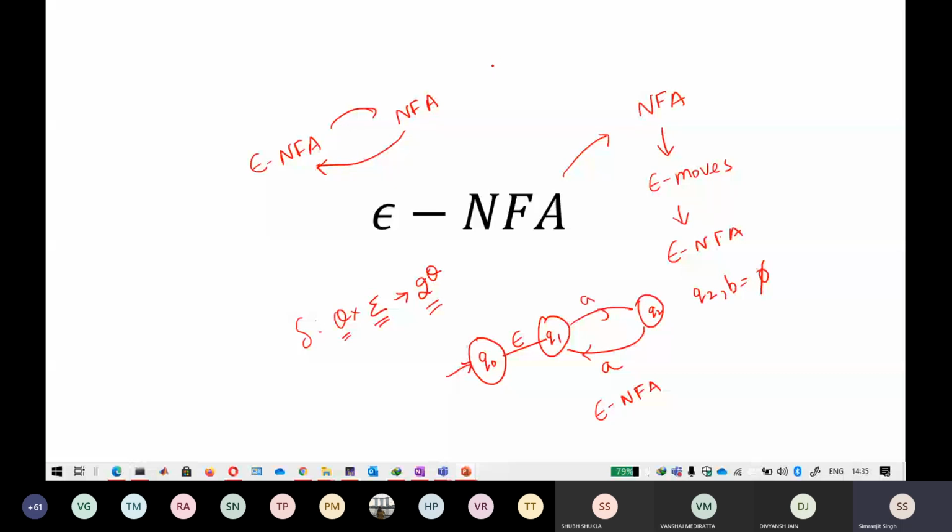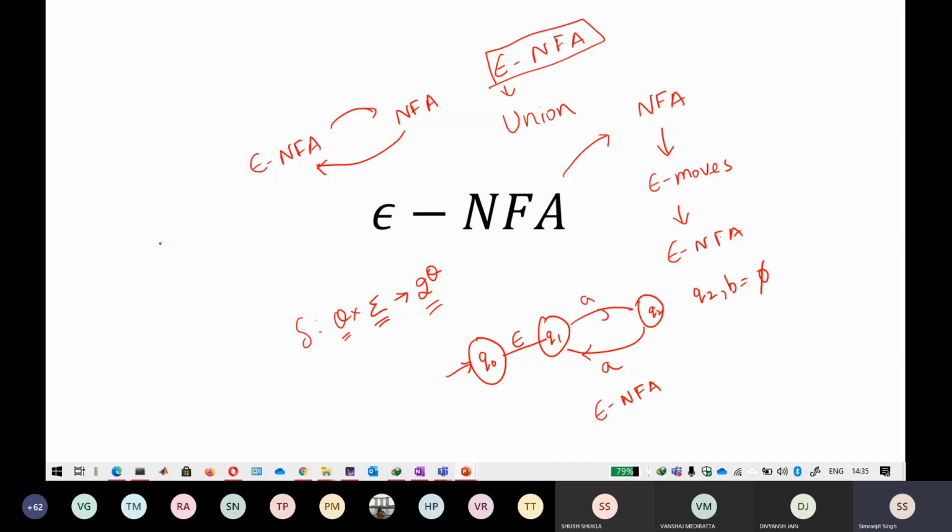If I remember, in the introduction of NFA, I told you that there is some advantage of epsilon NFA in the context of union. Whenever you want to combine two different NFAs, epsilon NFA is very easy to use.